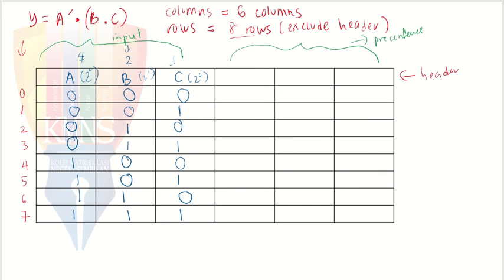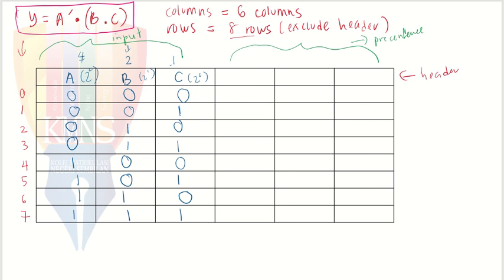Okay, so now after you complete the input, you need to look at the Boolean expression. From the Boolean expression given over here, you need to find which one you need to do first.